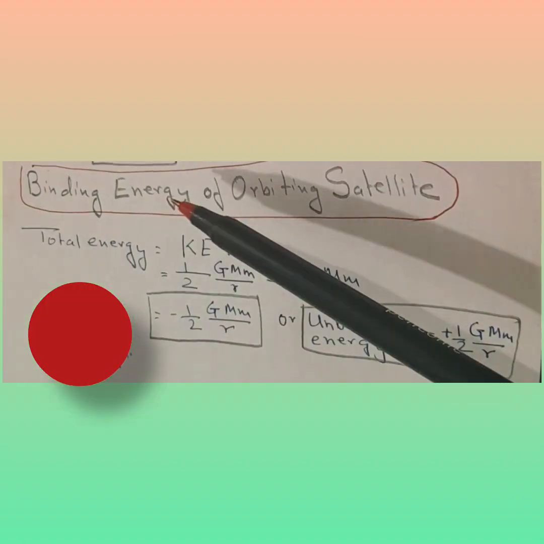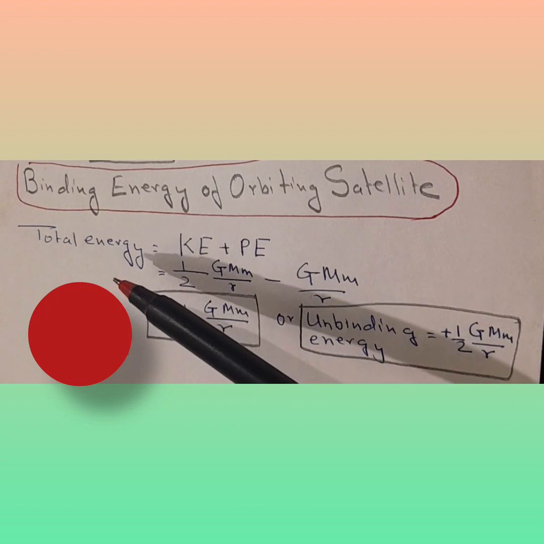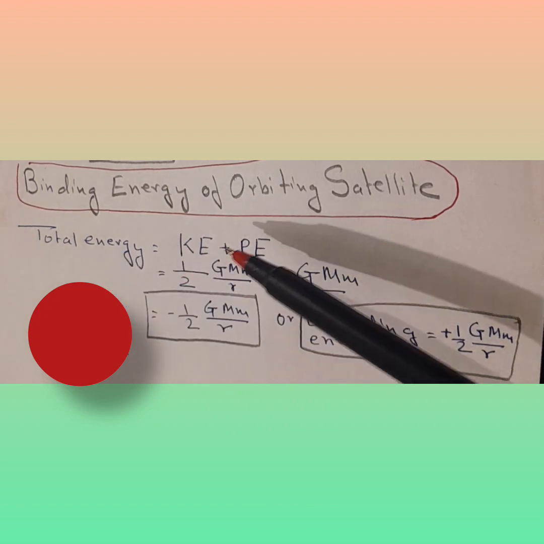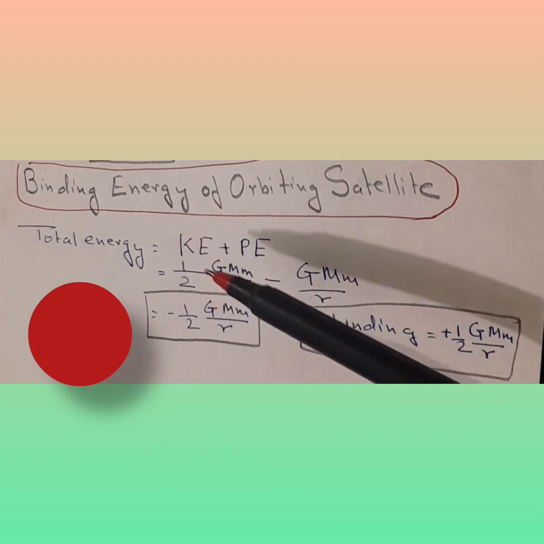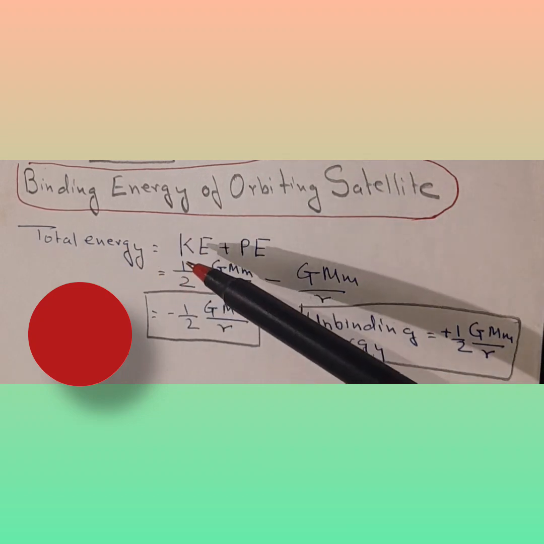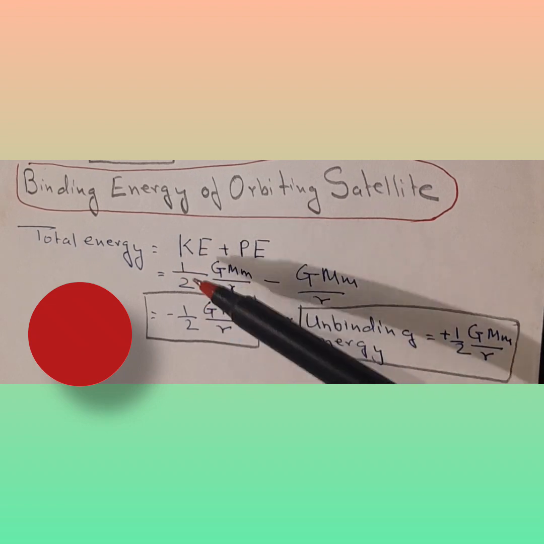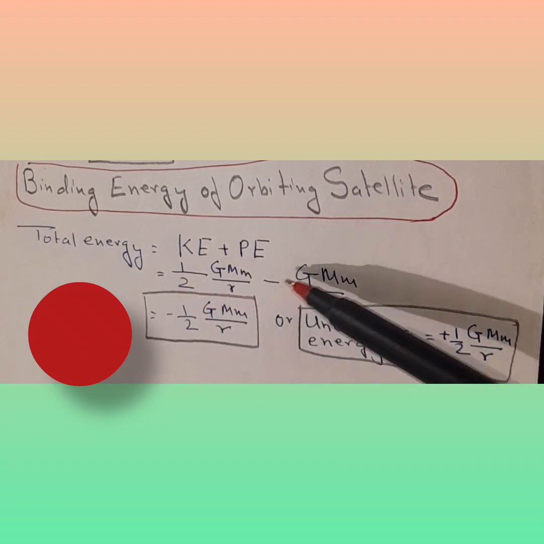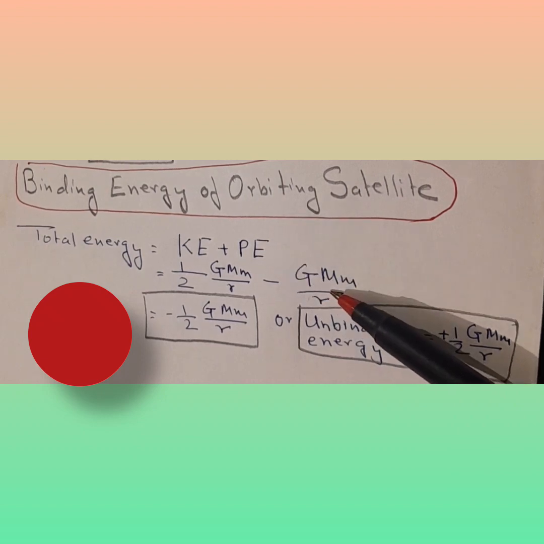Now we come to the binding energy of an orbiting satellite. Total energy is equal to KE plus PE. It's moving as well as it is at a height, so it has kinetic energy as well as potential energy. Kinetic energy is half GMm upon r, minus GMm upon r, the potential energy.